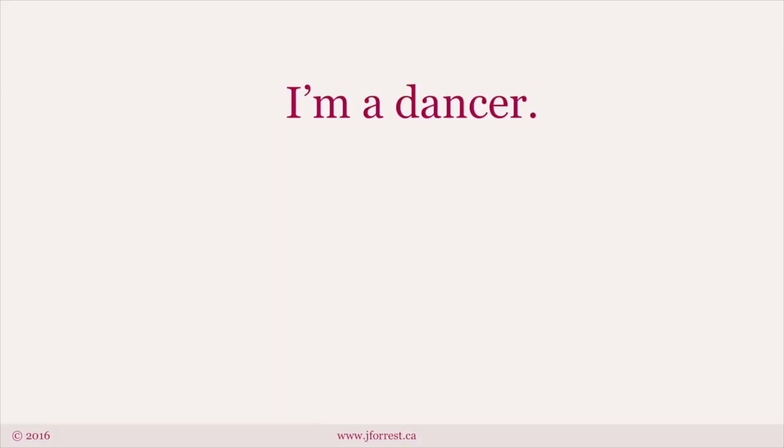Here we have a contraction. I am, I'm, and then we have an article. So this is very important. When we're talking about our profession, we always need this article, a or an. Here, because we have it starting with a consonant, it's a.